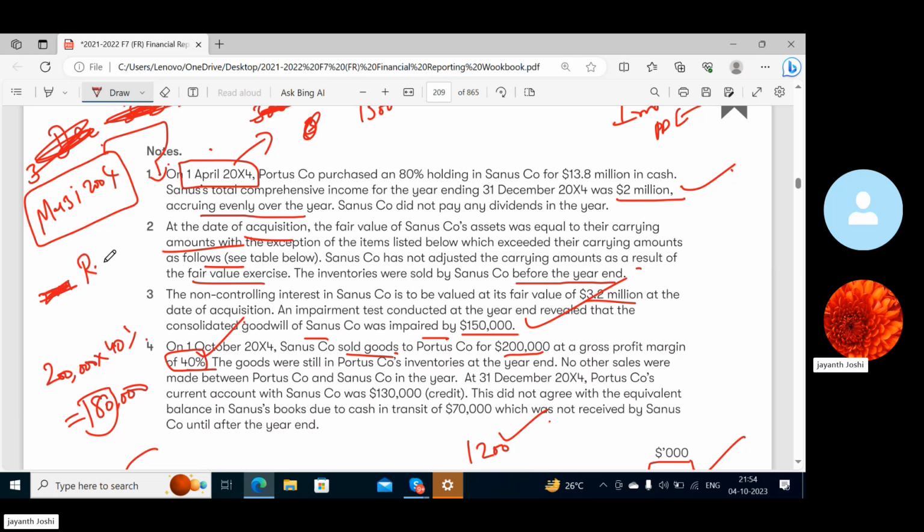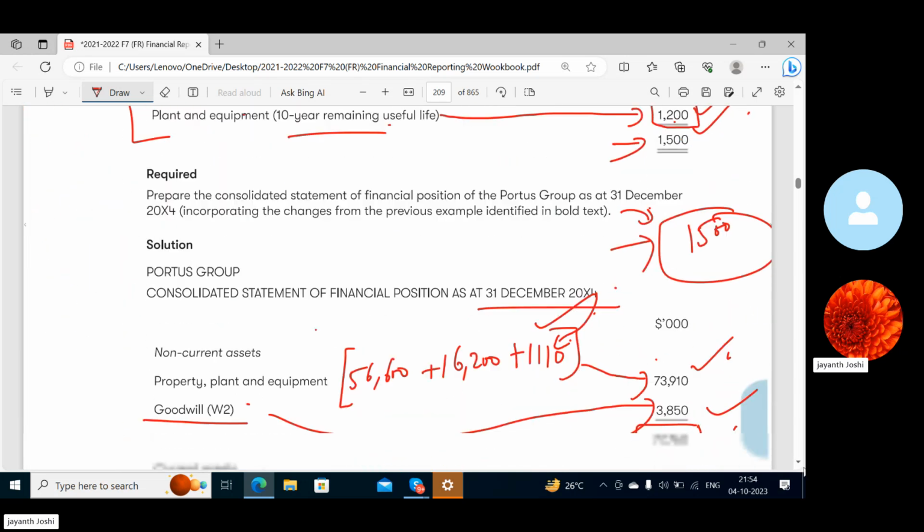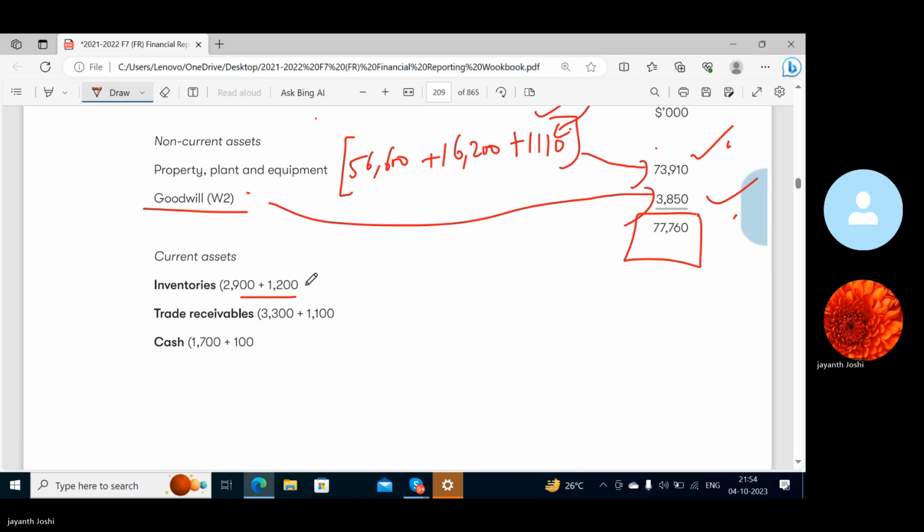So retained earnings will now be debited, and inventory, which was debited previously with a higher amount, should now be credited. So the journal entry is 80, 80. Okay, so we will remove that now. Unrealized profit.